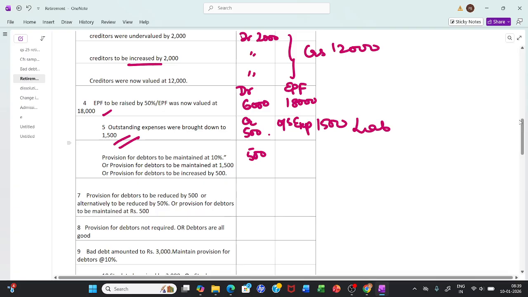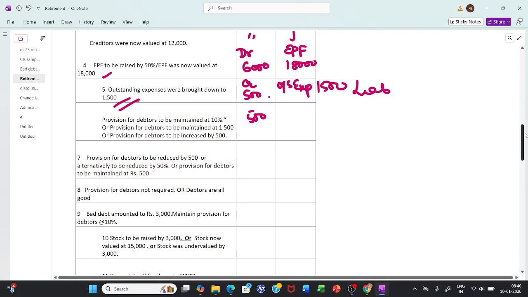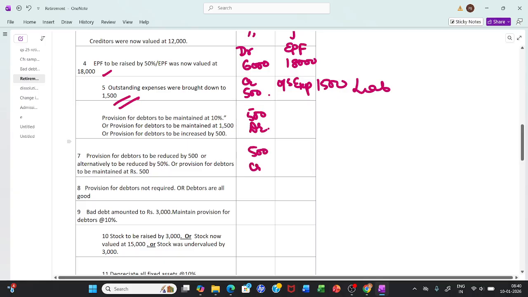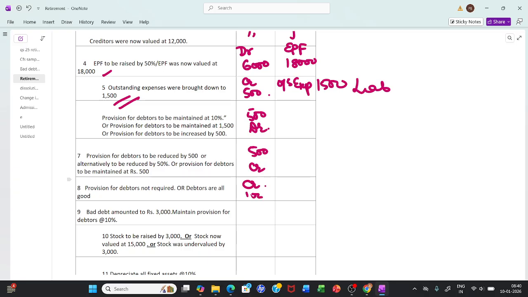In next case, they've told if provision is reduced by 500. So this 500 is coming on debit side, this 500 will come on credit side. It's good for us. If debtors are all good, provision is not required, we credit with the full amount of provision. In new balance sheet, provision doesn't come.